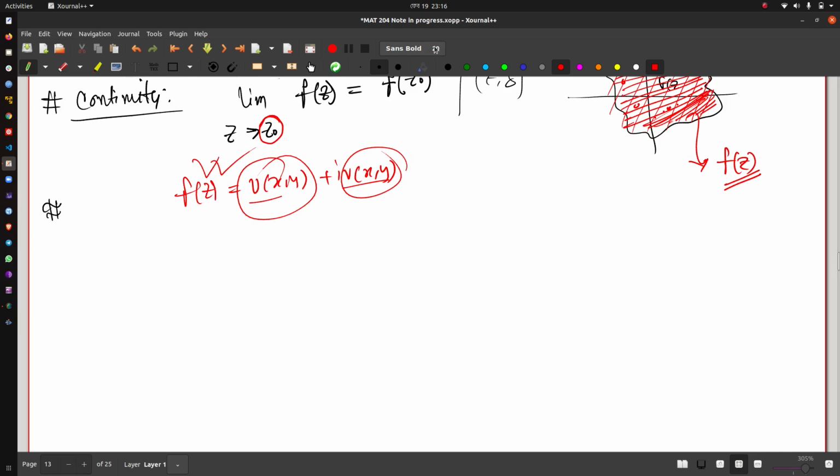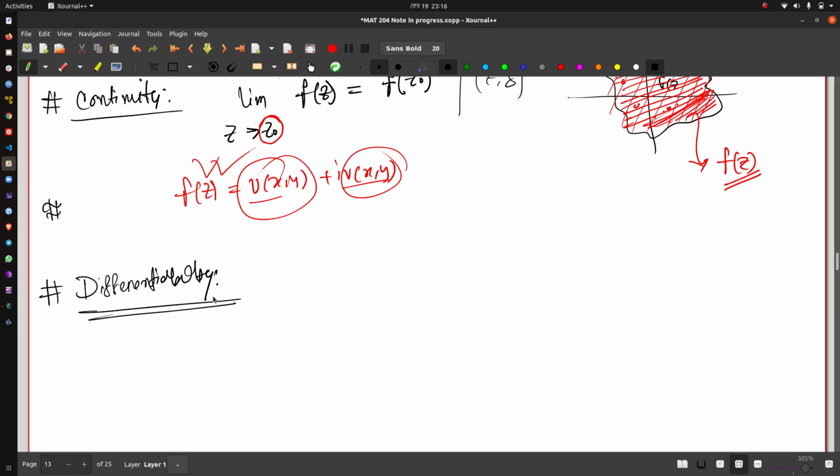And finally, the thing we want to discuss today is the derivative and differentiability. Just like real variable calculus, the derivative of a complex function is defined as follows. Let's say you have a function f of z and you want to find the derivative of that function at some point z0.